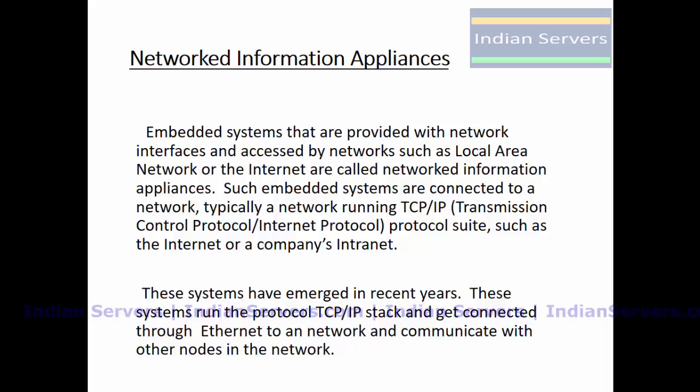Coming to networked information appliances, it is also one type of embedded systems where embedded systems connect with the internet by using a local area network or some other Wi-Fi, and they try to share the data with the other system which is already connected to the internet. For this purpose, the communication can happen by using a LAN or Wi-Fi.